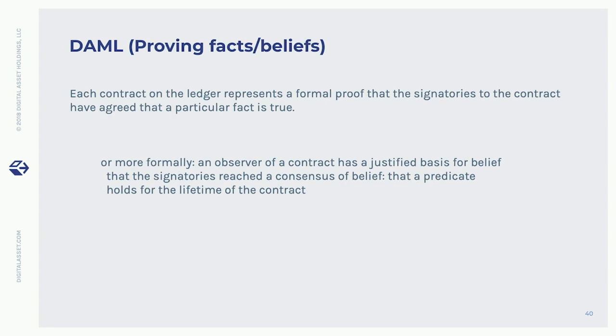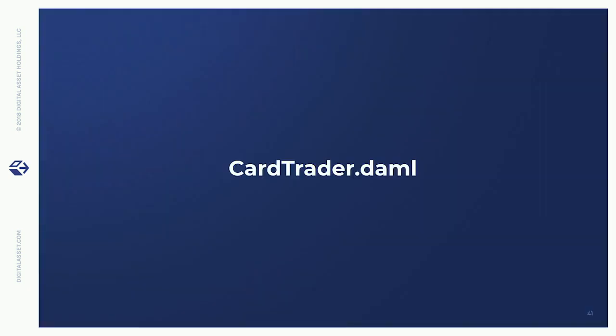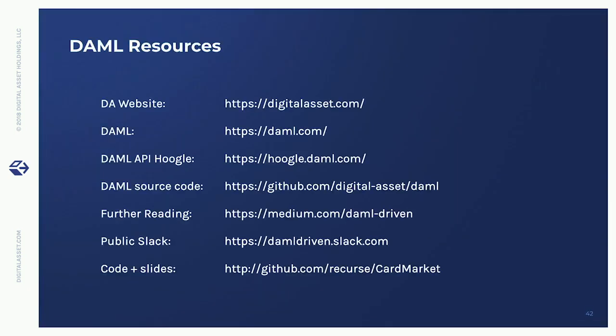Each contract on the ledger then represents formal proof that the signatories to that contract have authorized or agreed that that fact can be relied upon. Formally, that would be described as a justified basis of belief, and that holds for the lifetime of that contract.